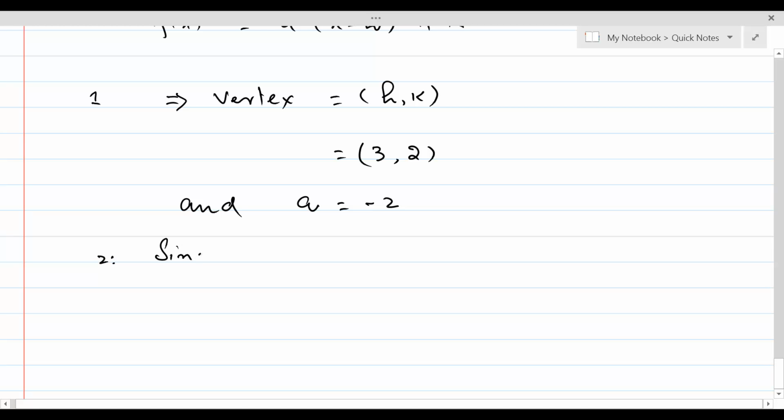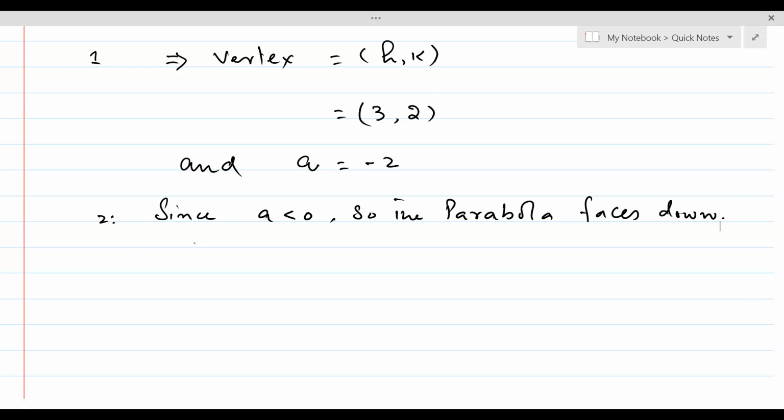Since a is less than 0, the parabola faces downward, and in that case the maximum is equal to the y coordinate of the vertex, which is 2.